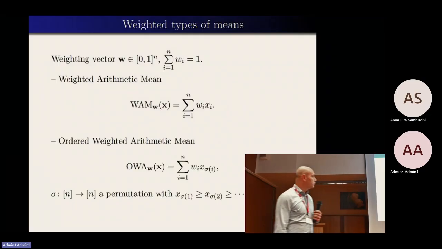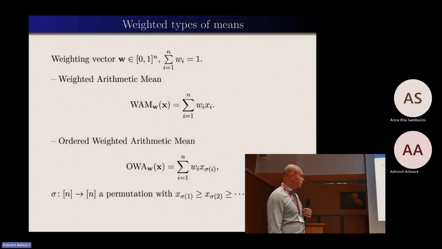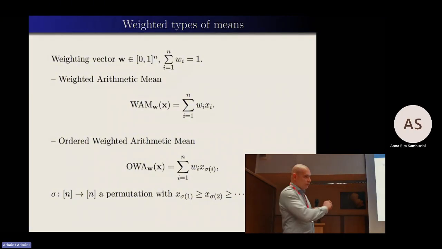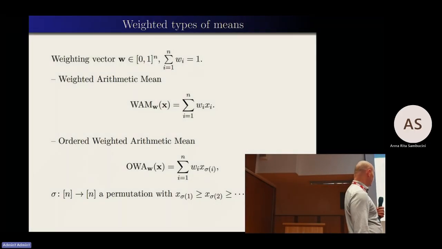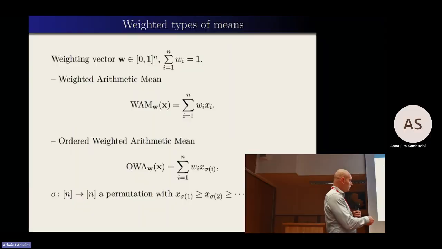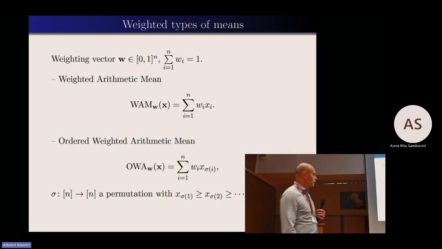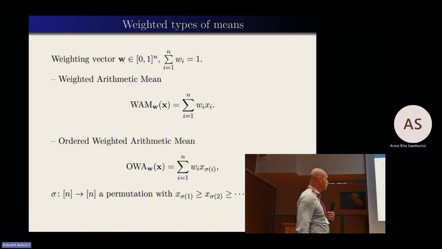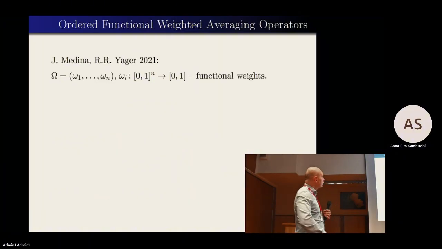Another type of arithmetic mean is the so-called ordered weighted arithmetic mean, and here some ordering of the inputs comes into play, and we have some permutation, and we order the inputs according to the standard ordering of real numbers, and the result is computed in this way, that the first weight is applied to the greatest value, and so on. So this is the well-known ordered weighted arithmetic mean.